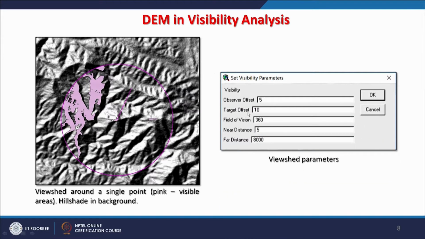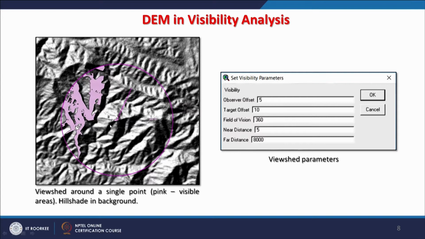Now here the input parameters: the offset was again kept 5 meter, the target offset was 10, and the field of vision, that means it has to look all around, the 360 degree. One can also restrict it to say 100 degree or 90 degree or 180 degree depending on the requirements, and the less the degree we keep, the more quickly the analysis will be done by the system.